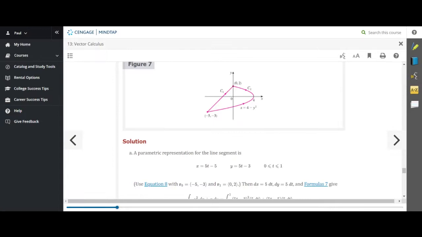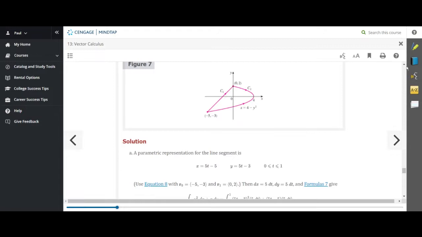And what you want to do is compute the sum of two line integrals along the line segment C1, and then along the line segment C2.